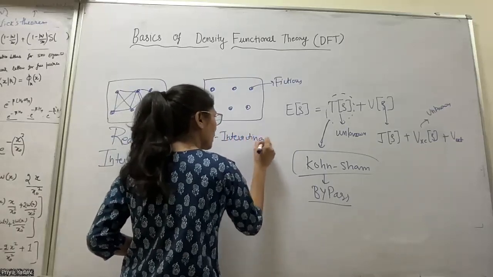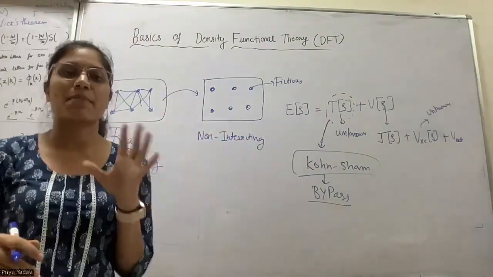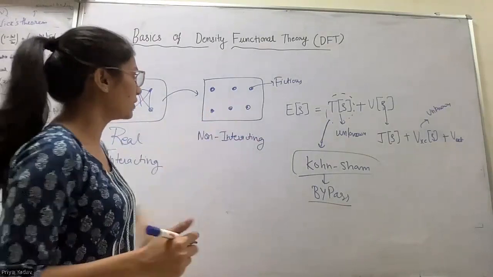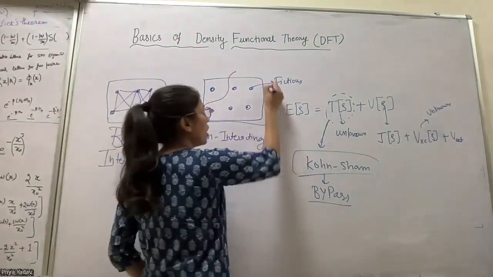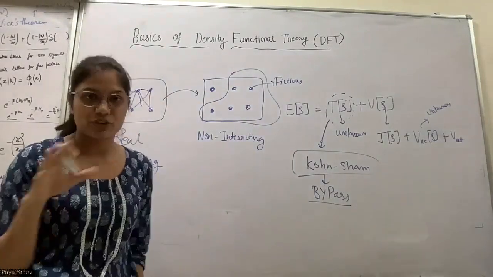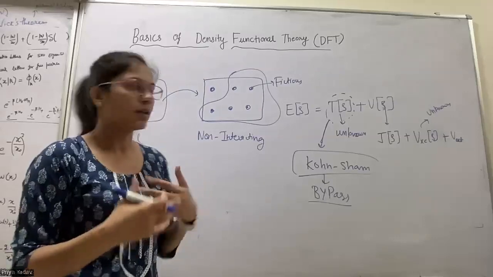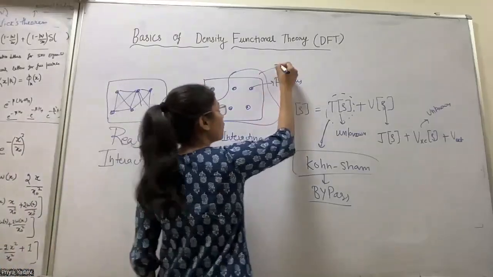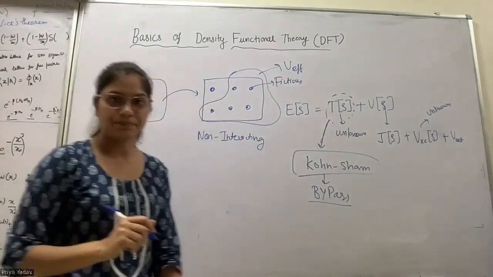But there is a condition that the electron density would be the same as that of the real system. If they are not interacting, then each will feel a mean field potential. This one is feeling potential from every other one. Similarly, this one is feeling from every other one. So it will feel a V effective, the mean field potential.